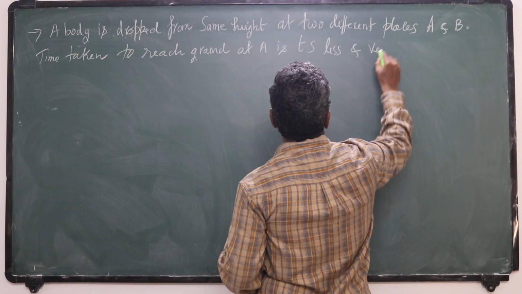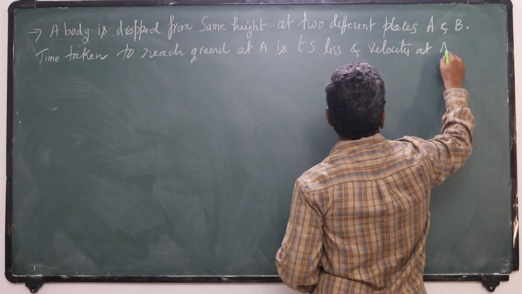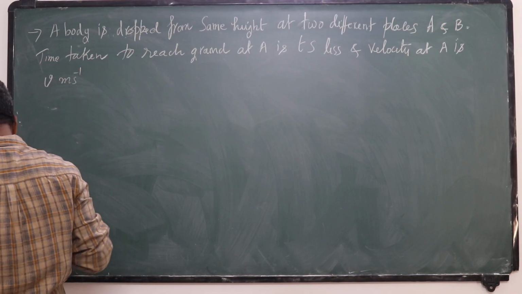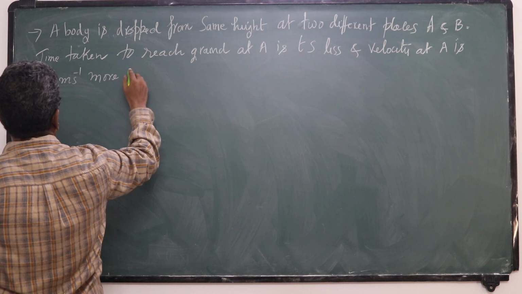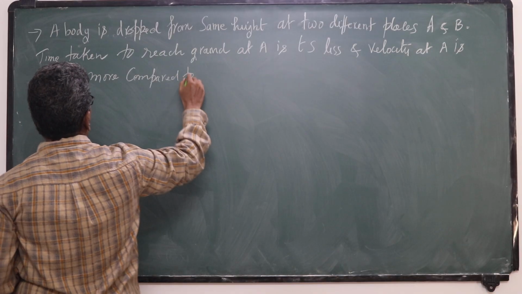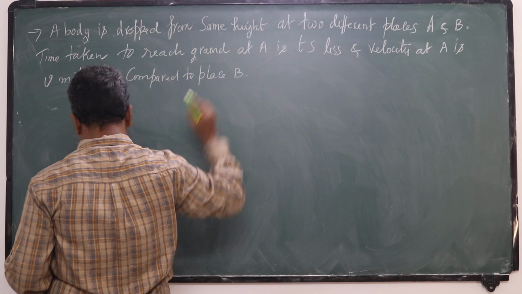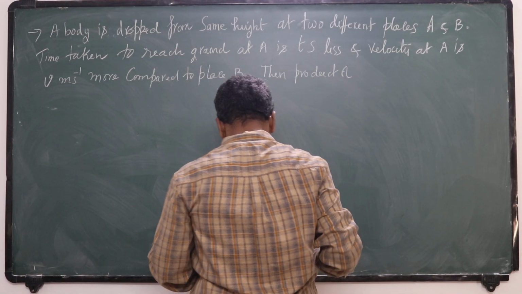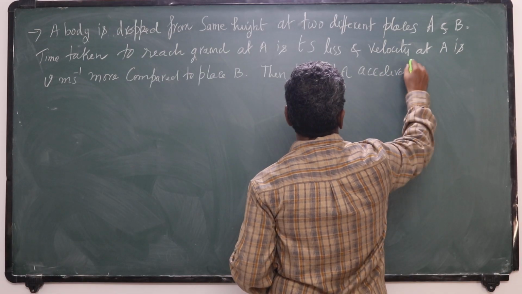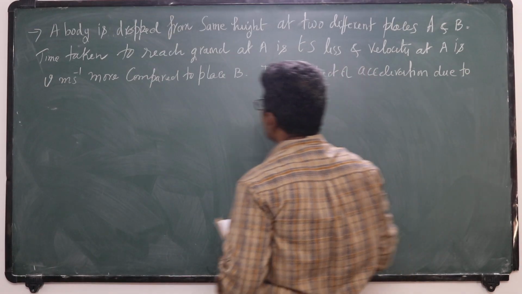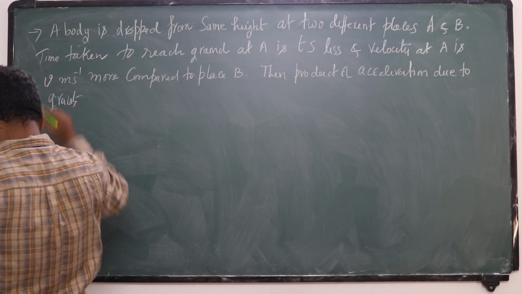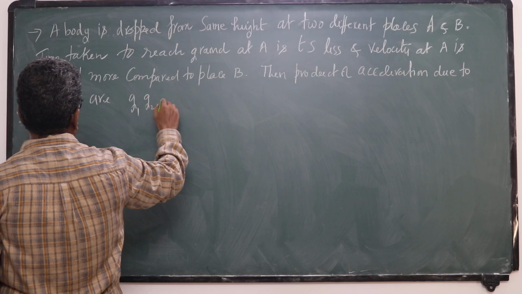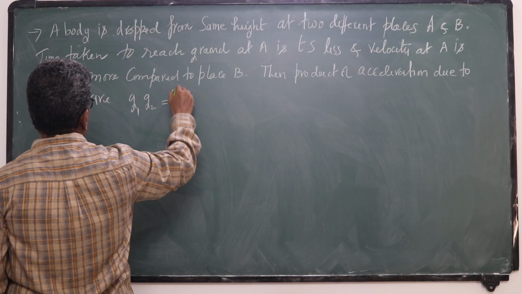and the velocity at A is v meter second inverse more compared to place B. Then product of acceleration due to gravities, g1 g2, is equal to v by t whole square.